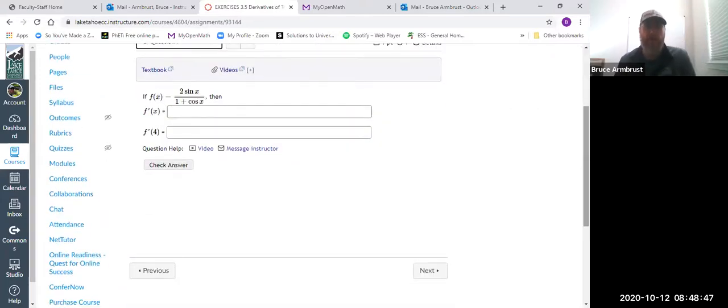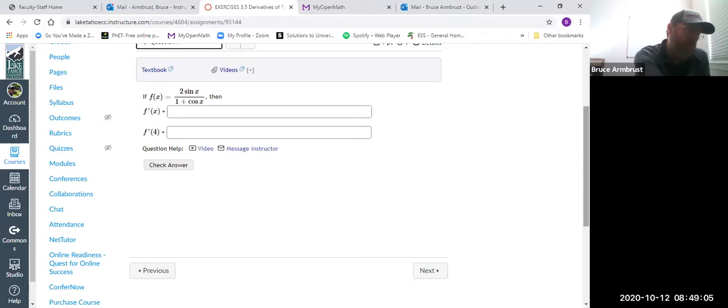Okay, so here's number 7. This time we've got another function that we're trying to differentiate: 2 sine of x over 1 plus cosine of x. There are 2 things they want us to do here.